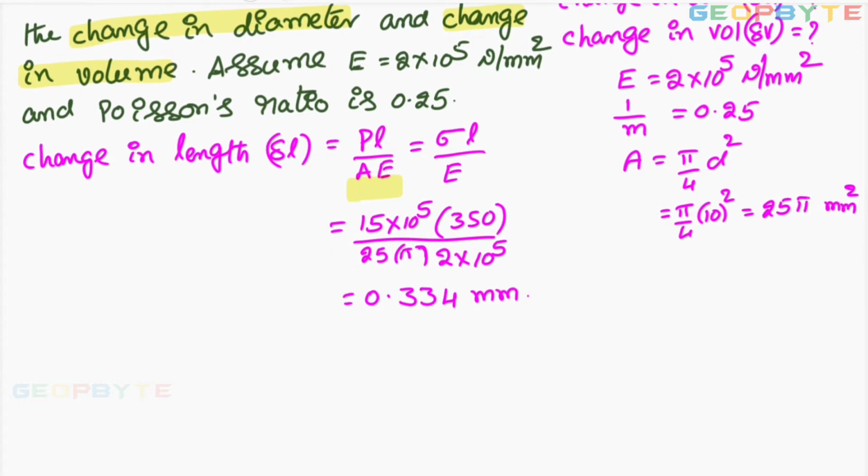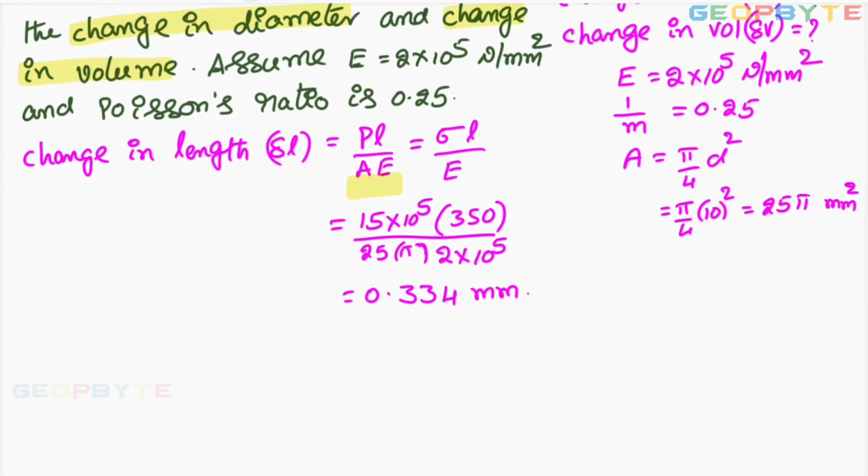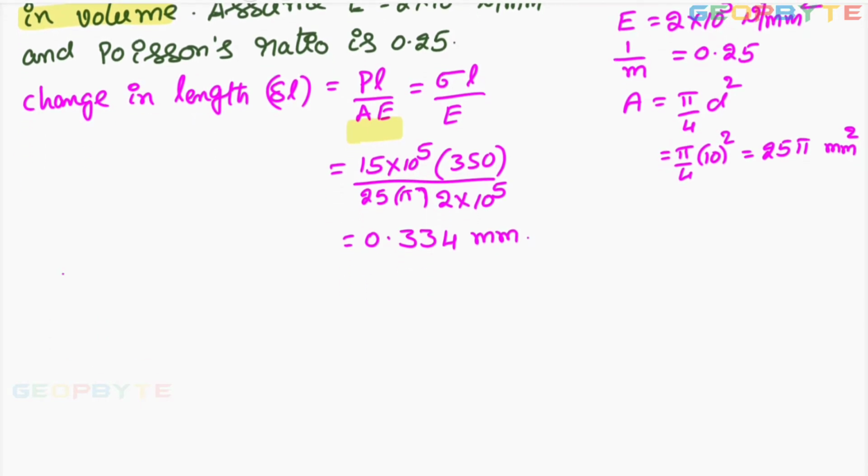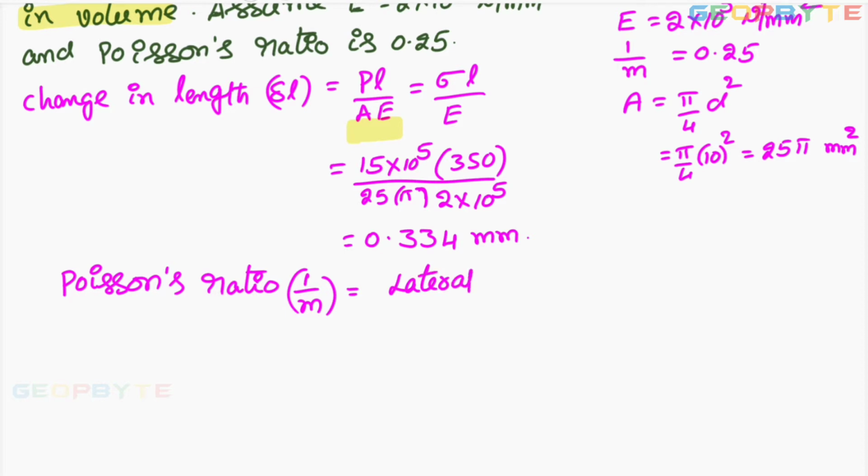Next, you got the change in length. Now Poisson's ratio: I am going to find the change in diameter. Poisson's ratio 1 by m equal to lateral strain divided by longitudinal strain.